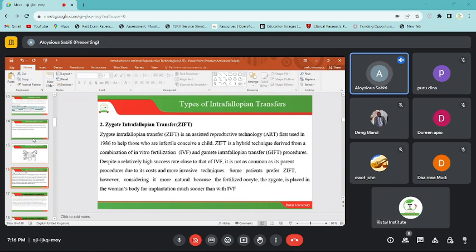So some patients prefer ZIFT, however, considering it more natural because the fertilized oocyte, the zygote, is placed in the woman's body for implantation much sooner than with IVF.